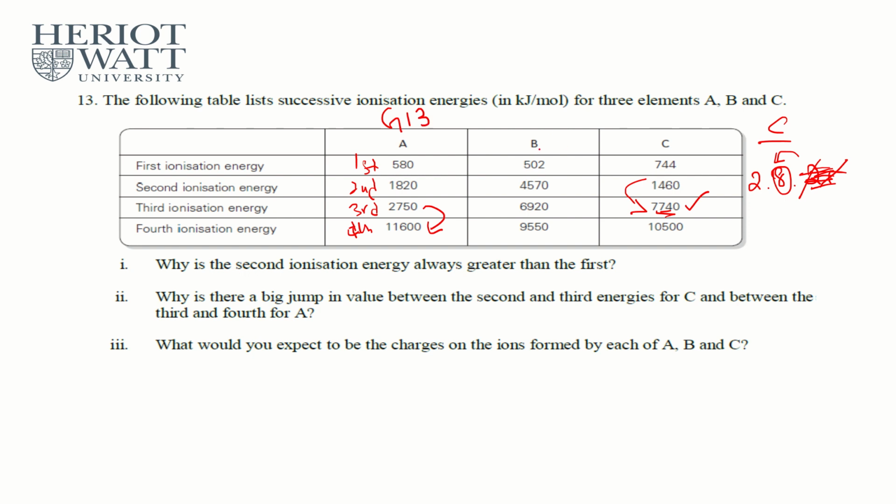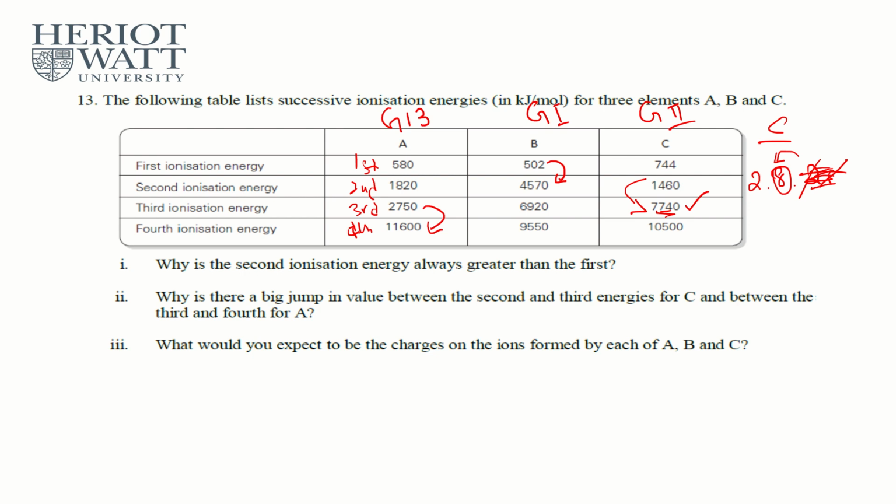For B, the big jump is between first and second, so this is from group 1. And C again has a big jump between second and third, like we explained just now, so this is from group 2.